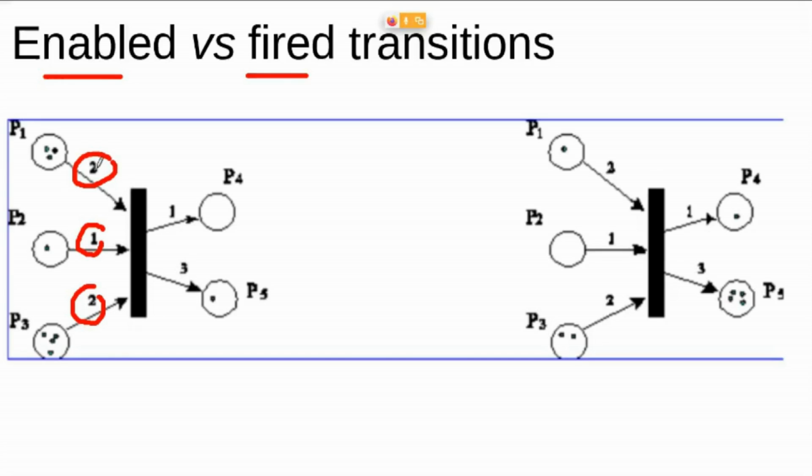Because here I need 2, so 2 will disappear, so 3 minus 2 is 1. 1 minus 1 is empty, an empty place. And then here I have 4, so 2 will be remaining because I subtract 2 tokens from here. Here I have 1 single token, so once the transition is fired in here, 3 new tokens will appear, so here we have a 4, and here we have a 1, because originally this P4 was empty.